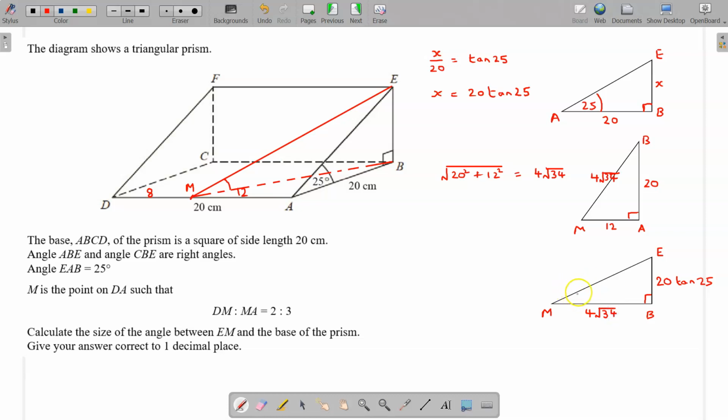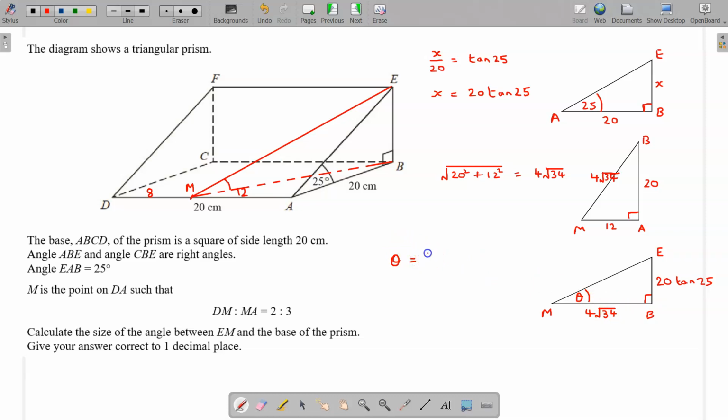So if I call my unknown angle here theta, that's the angle between EM and the base. Then I can say that the tan of theta is this number over this number. Opposite over adjacent. So therefore, theta is the inverse tan of what I just said.